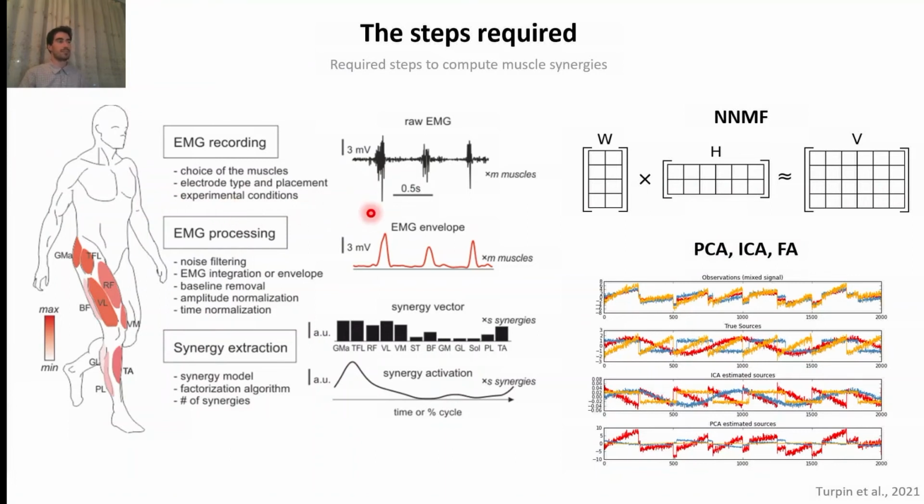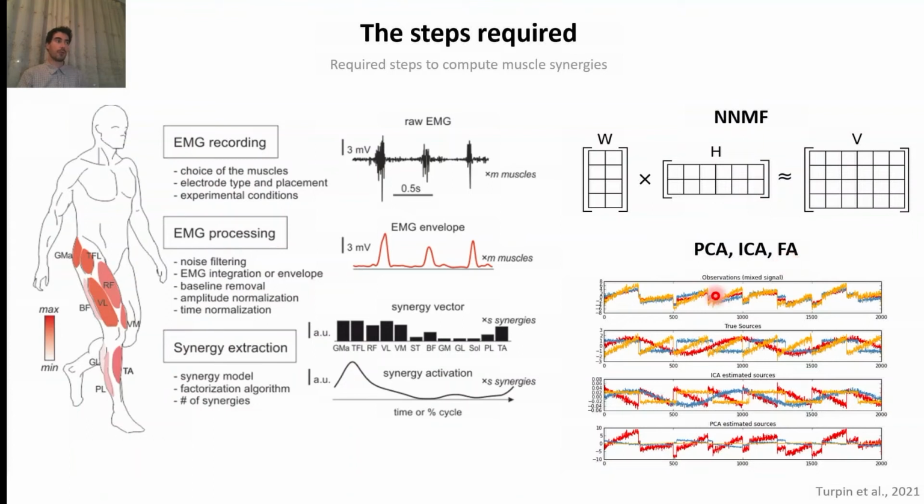Then, the results might change with different electrode types, different placement, or different experimental conditions. Then you go through the EMG processing steps, which means noise filtering, EMG integration or the envelope after rectification, baseline removal, amplitude normalization, time normalization, and then you extract the synergy with one of the methods, like non-negative matrix factorization, or PCA, ICA, or factor analysis.